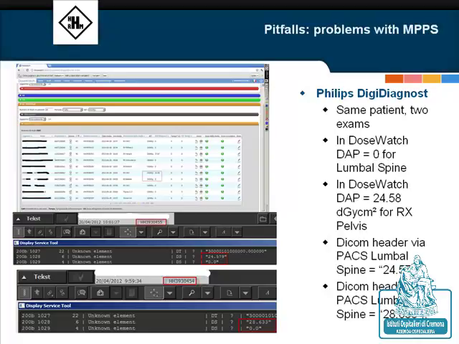But this value doesn't come into DoseWatch. So there is a problem with the MPPS. Is it the sending part or the receiving part? We don't know at this moment, but my team is working on it to find out. So it's not all plug and play from the first time.